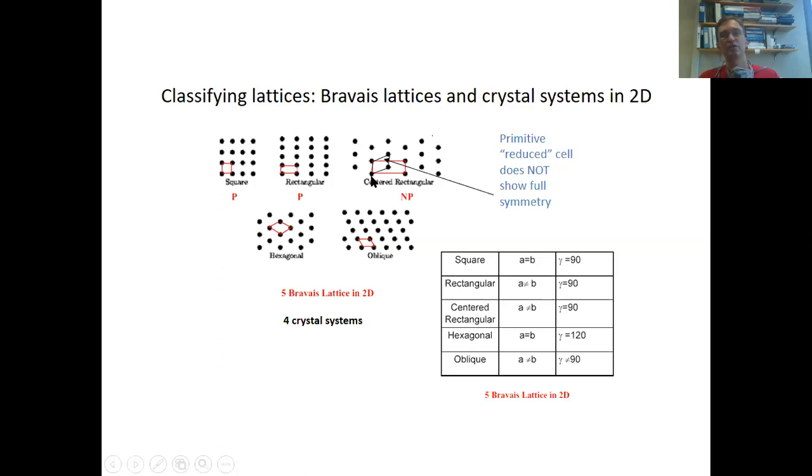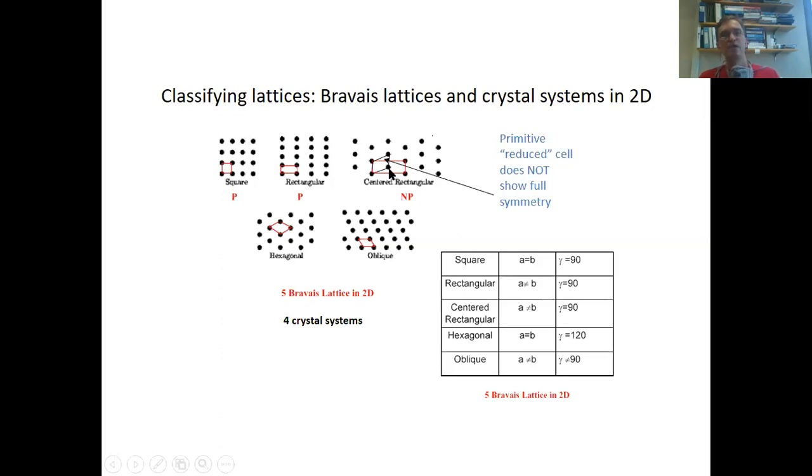The answer is no, this is not the unit cell because it does not reflect the full symmetry of the lattice. It actually overlooks that we can define a somewhat larger cell which has a higher symmetry and which is now centered.